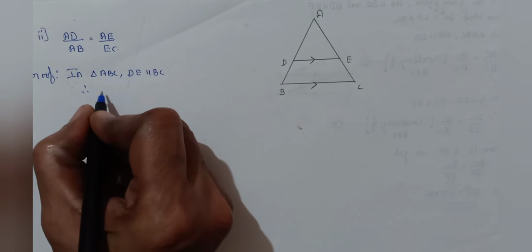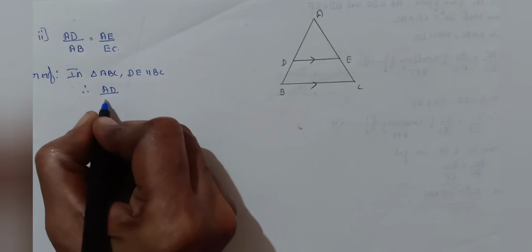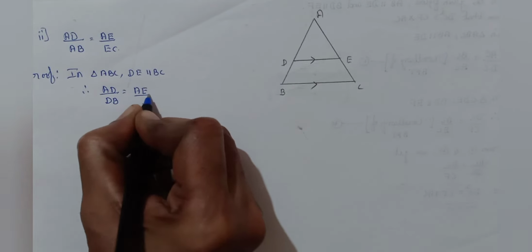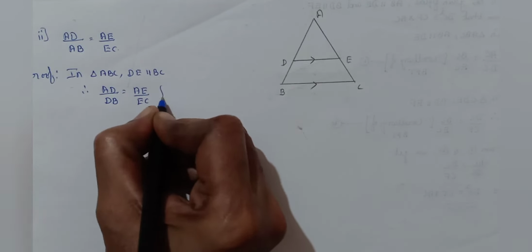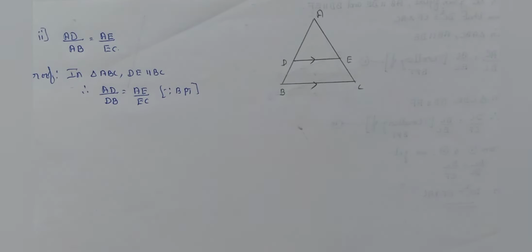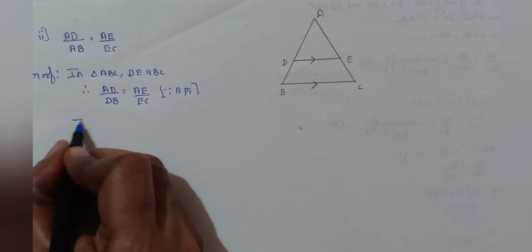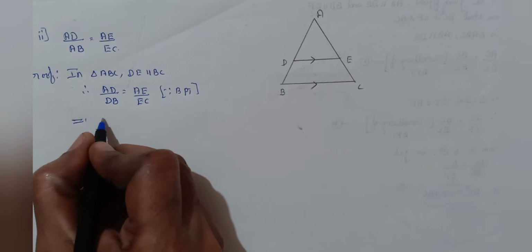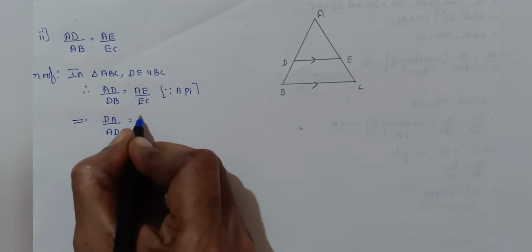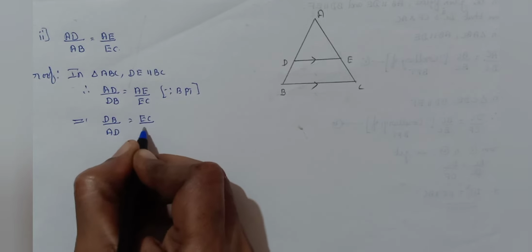Therefore, we can write AD by DB is equal to AE by EC by BPT. Next, take the reciprocal of this. DB by AD is equal to EC by AE.